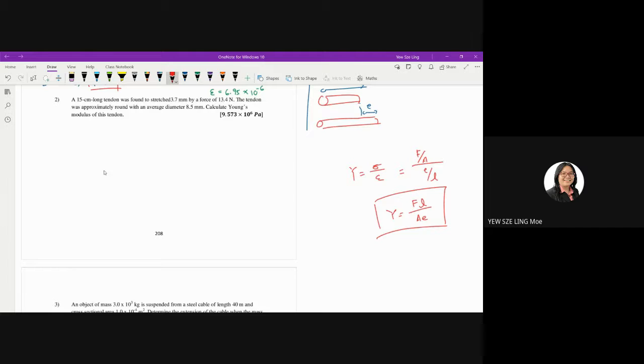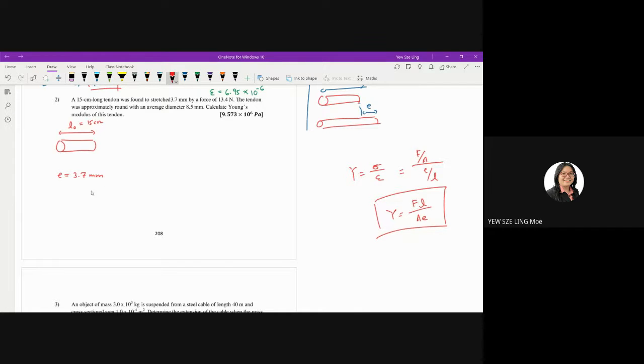Now this question assumes your tendon is a cylinder-like object. So you have a 15 cm long tendon, so L naught is equal to 15 cm, and then it is being stretched, so the elongation is 3.7 mm.